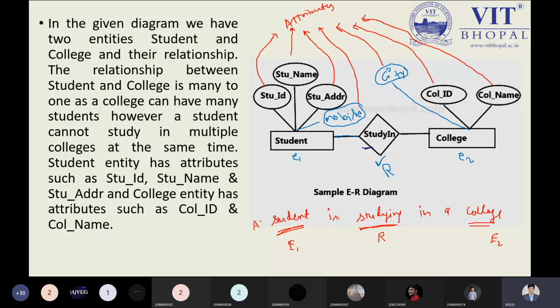Practically it is not possible. But if the student has joined another course part time, he is also part of another college as well. At that time, the student is studying in many colleges, so this relationship could be one to many, and this is known as the cardinality between the two different entities. Now this point is clear.